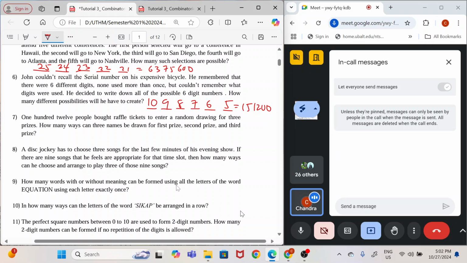After 10 the questions are getting harder and harder. Try 7, 8, 9, 10.